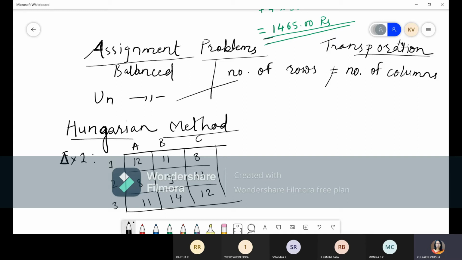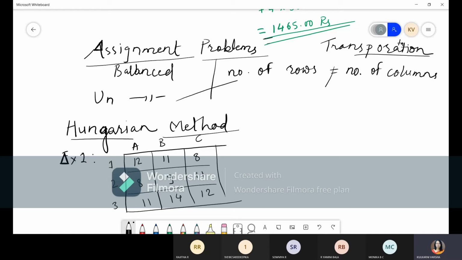Consider that A, B, C are machine numbers, and 1, 2, 3 are job numbers. If job 1 is done on machine A, it will take 12 hours. On machine B, it will take 11 hours, and on machine C, it will take 8 hours.